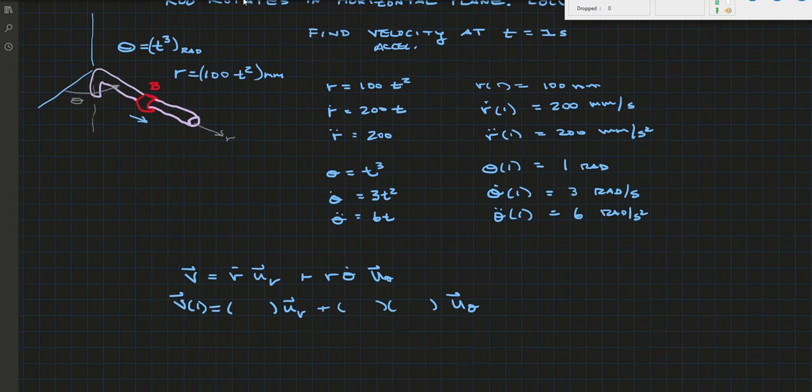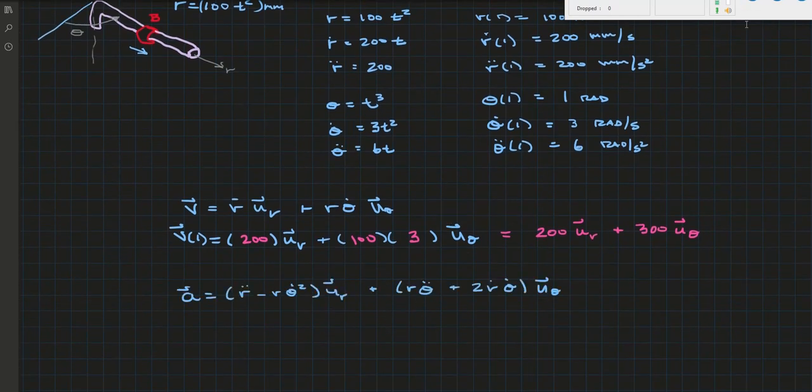So r dot is 200, and r is 100 here, and theta dot is 3. So we end up with 200 u sub r plus 300 in the theta direction, unit vector in theta direction.